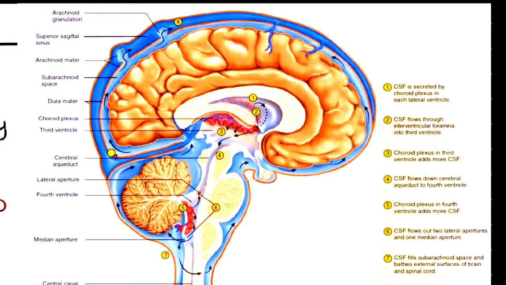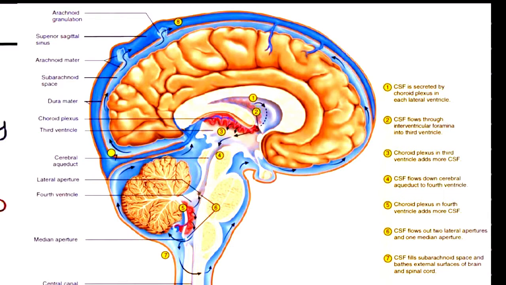The CSF which is produced in each lateral ventricle will be sent through this structure, the foramen of Monro, into our third ventricle. In the third ventricle, the choroid plexus will add more CSF, and it is also carrying the CSF from our lateral ventricles.